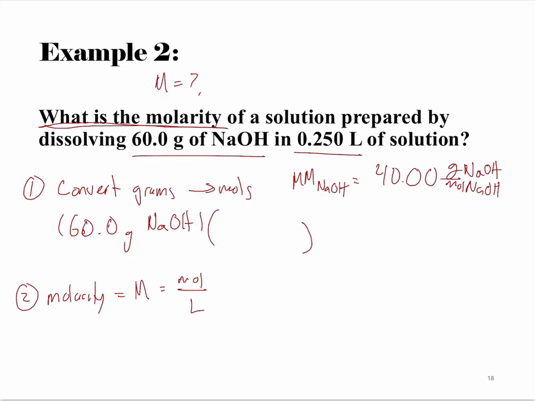So where did you get the molar mass from, Vanessa? The periodic table, right? You just add up the molar mass of every atom that is in that molecule, which is 1 sodium atom, 1 oxygen, and 1 hydrogen. So you want to be very comfortable being able to do that. And so that gives us a conversion factor. So what goes in the denominator and what goes in the numerator?